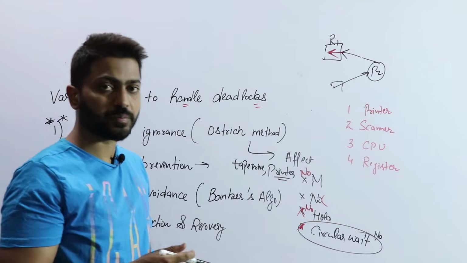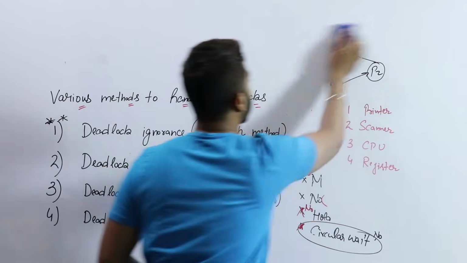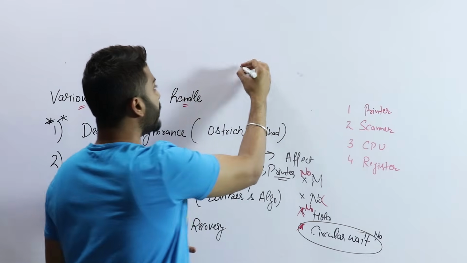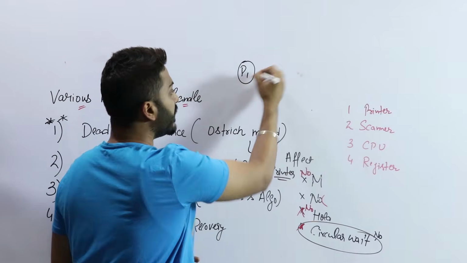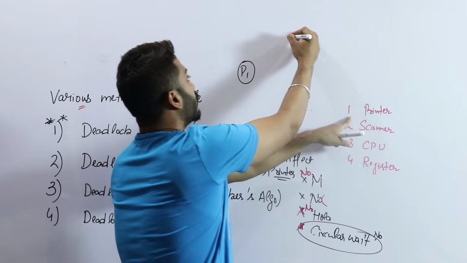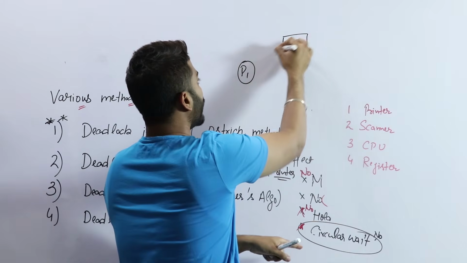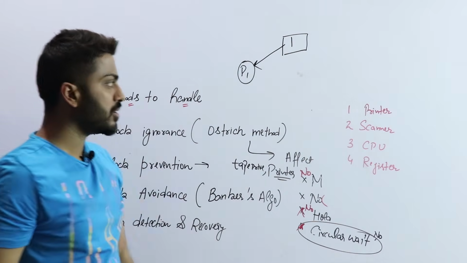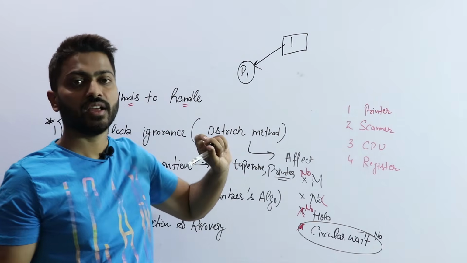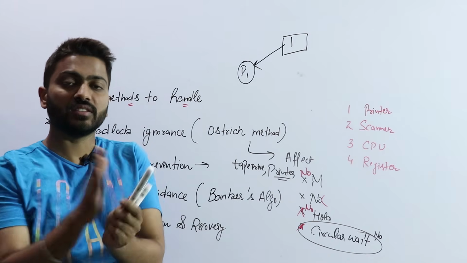Means if a process P1 comes, let me make the diagram. P1 says I need one printer. So printer is resource 1. So it has taken the printer, numbering 1. Now it can request 2, 3, 4, in increasing order.